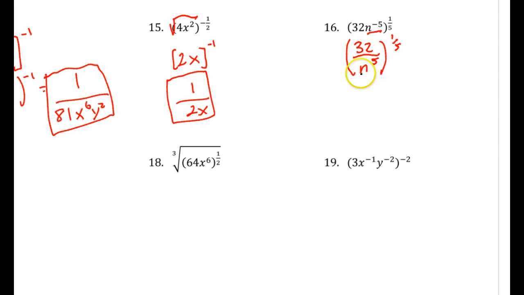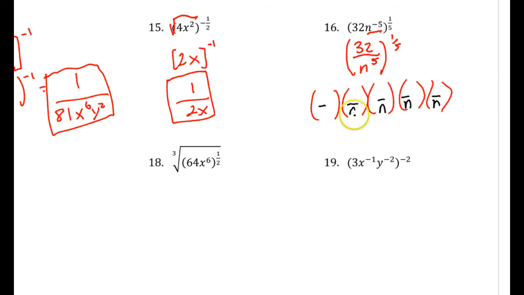What times itself 5 times, 1, 2, 3, 4, 5, equals this? So the bottom is pretty straightforward. That'd be n times n times n times n times n. That'll be n to the 5th. But what times itself 5 times equals the 32? After a little trial and error, you'll get just 2. 2 to the 5th power equals that. So our answer is going to be just 2 over n.